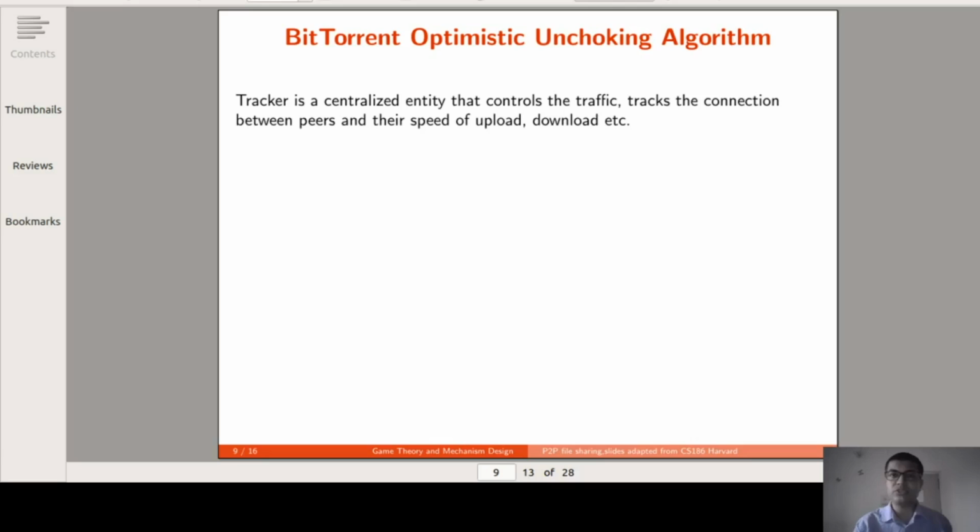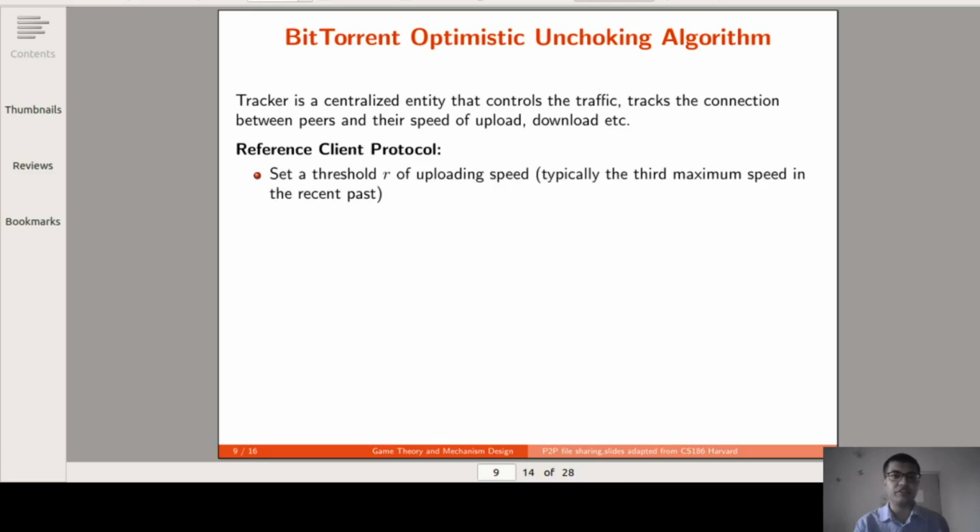Now, BitTorrent uses an optimistic unchoking algorithm. Let us first discuss what this algorithm is, appreciate the positive points, and also point out its limitations. The reference client follows the following protocol. It sets a threshold level R for the uploading speed. Typically this is the third maximum speed in the recent past for that tracker.